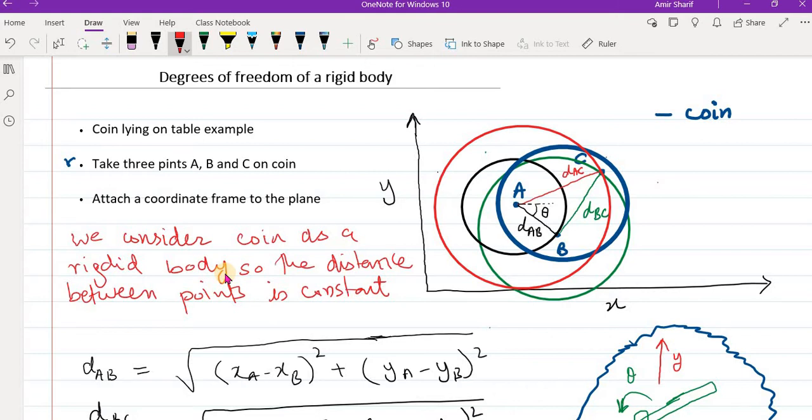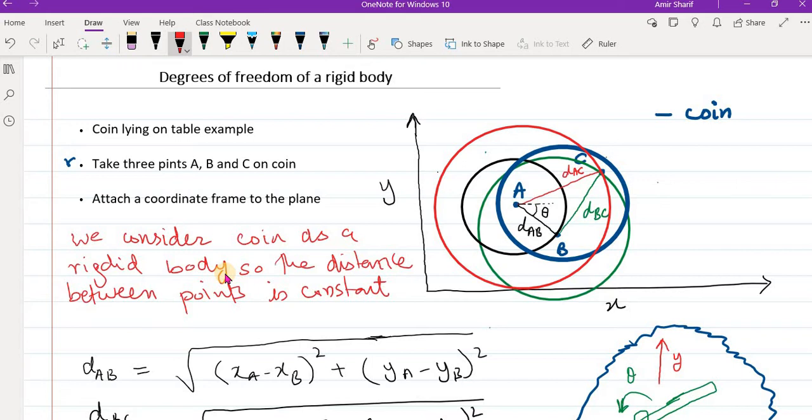It means that point C must lie on the intersection of the green circle and red circle. Red circle has a radius of dAC, and green circle has a radius of dBC.